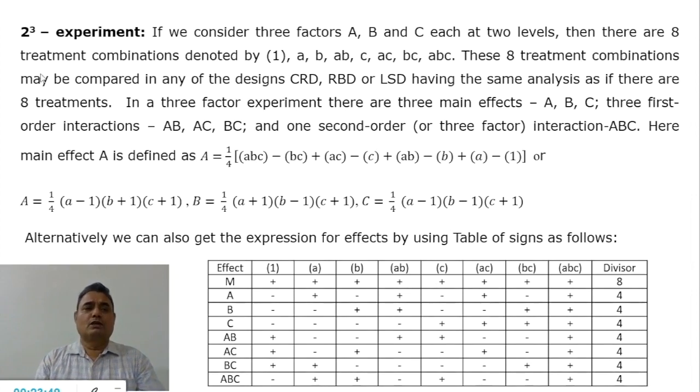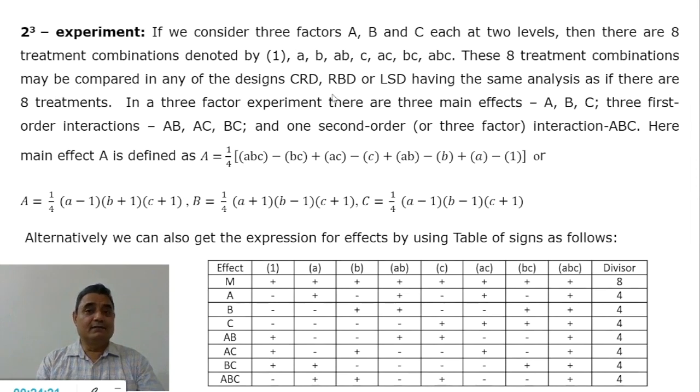Now 2 raised to power 3, again a symmetrical factorial experiment in which 3 factors A, B, C are there, each at 2 levels. So in total 2 raised to power 3 means 8 treatment combinations are there. These treatments are 1, A, B, AB, C, AC, BC and ABC. They may be compared in any of the designs CRD, RBD or LSD, having the same analysis as if there are 8 treatments.